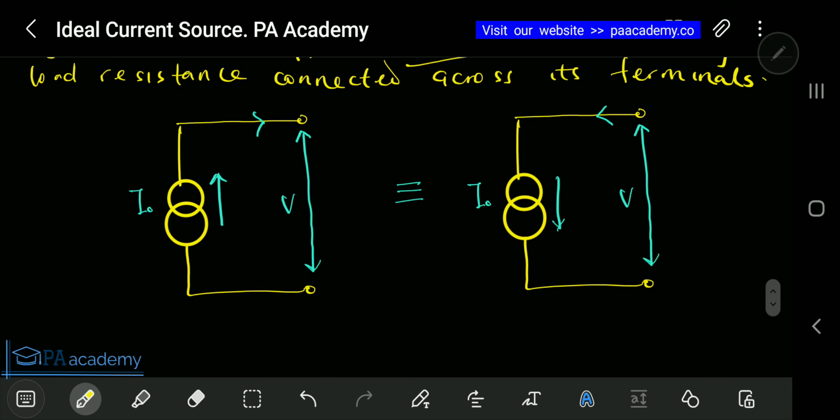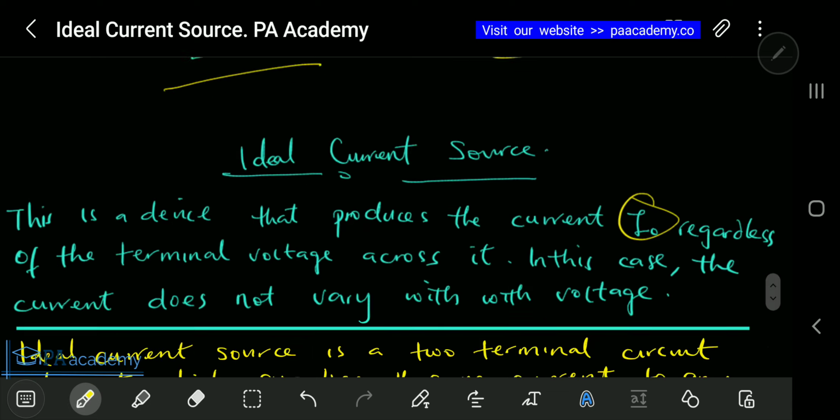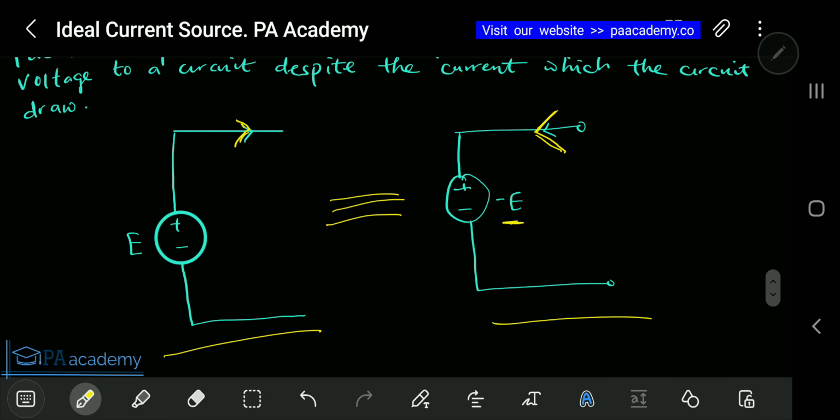So if you are to draw a circuit representing what an ideal current source is, you can use any of these two. We are still saying the same thing. You can see it's almost similar to the one for voltage. The only thing is that what we have here is a symbol for a current source, unlike that for voltage. Are we good?